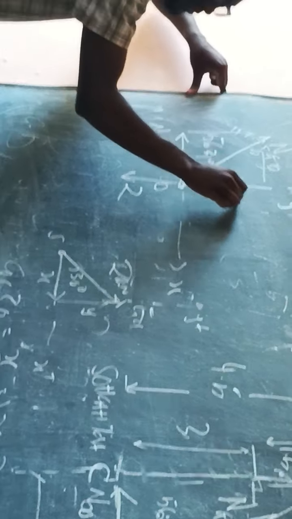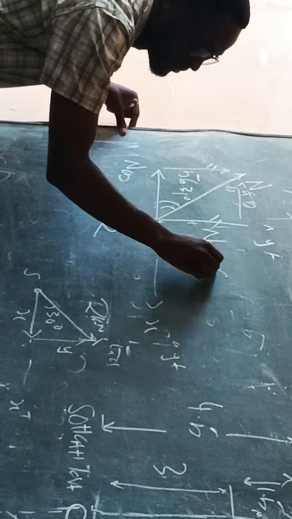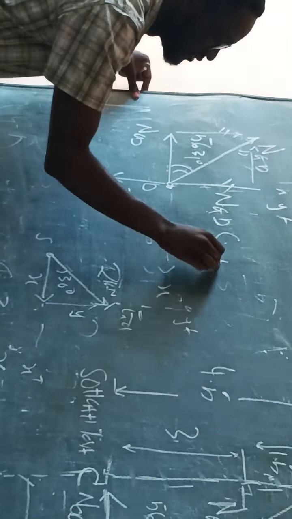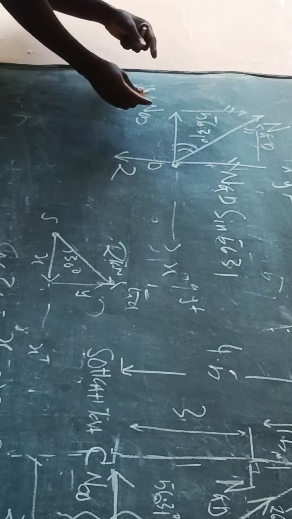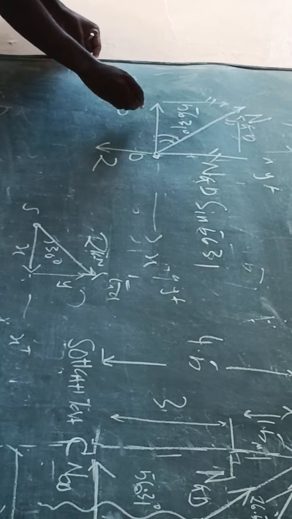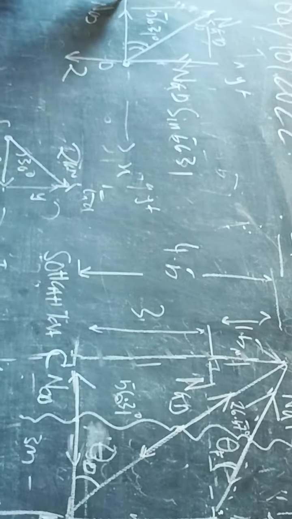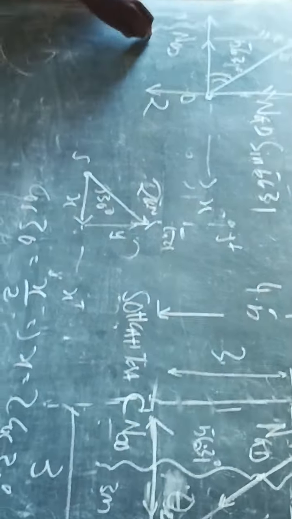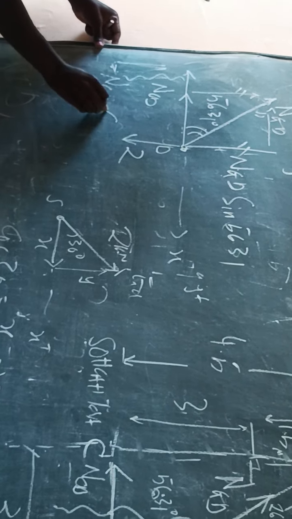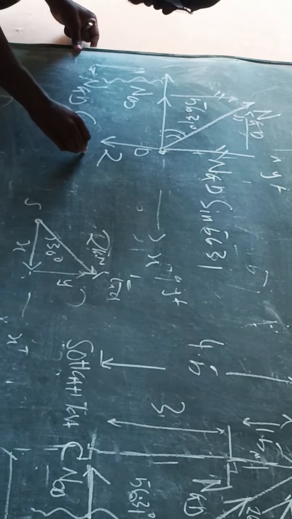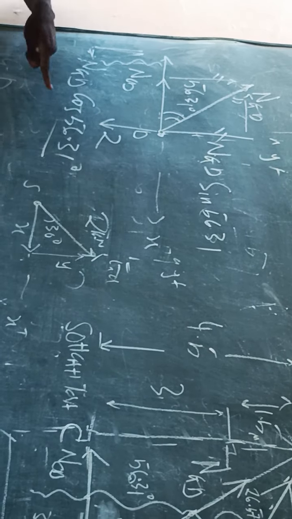So I put NGD, and this NGD is going upward, so it will just give us sine 56.31, and here downward is going in the negative direction. So adding to this, it will simply give me my NGD with a negative cos of 56.31 degrees. That's what I will get.